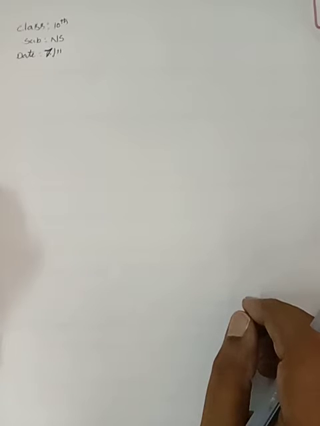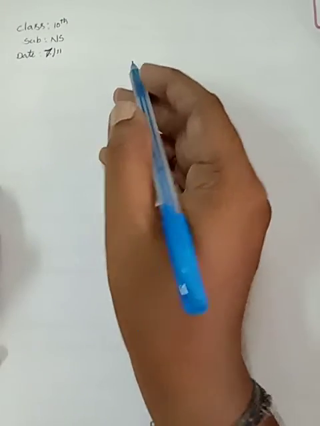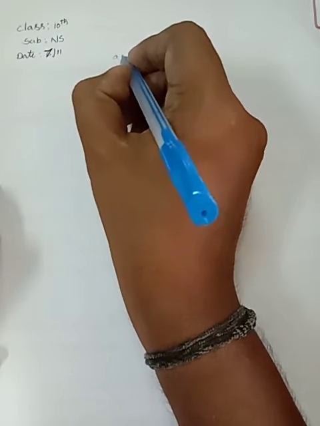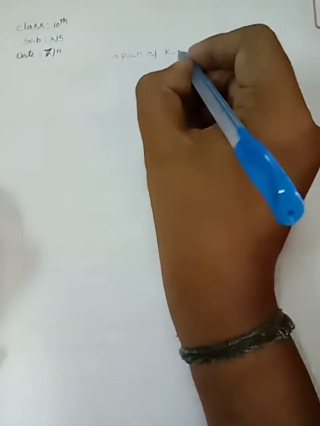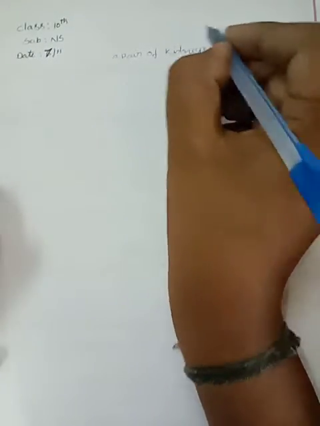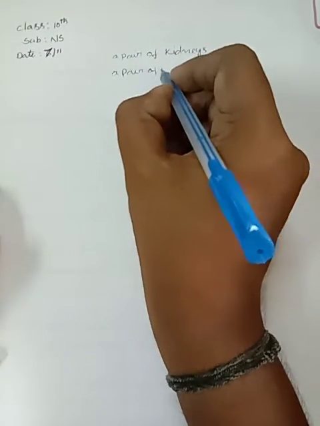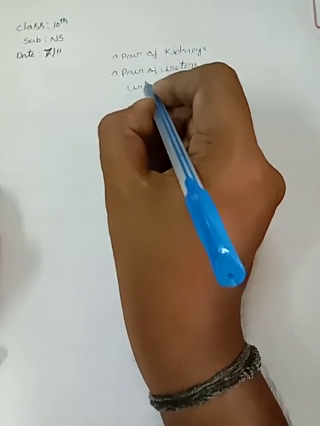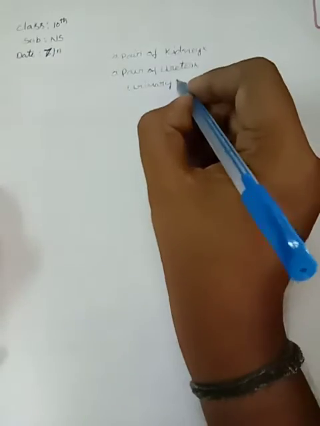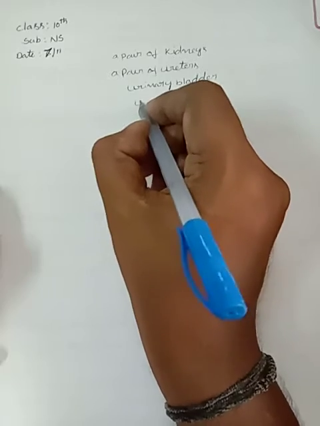In previous class, we have discussed the excretory system. In the human excretory system, mainly four parts are present. They are a pair of kidneys, a pair of ureters, urinary bladder, and urethra.